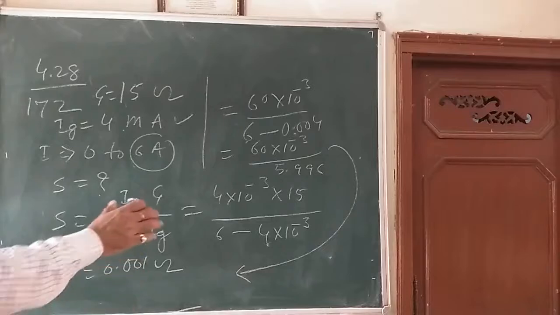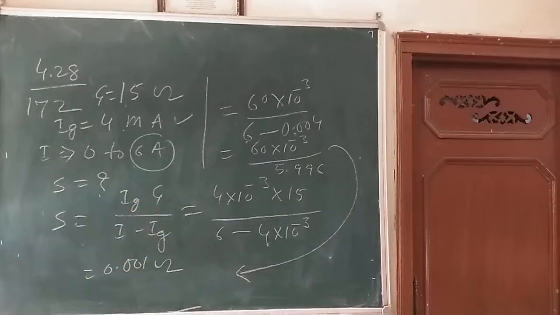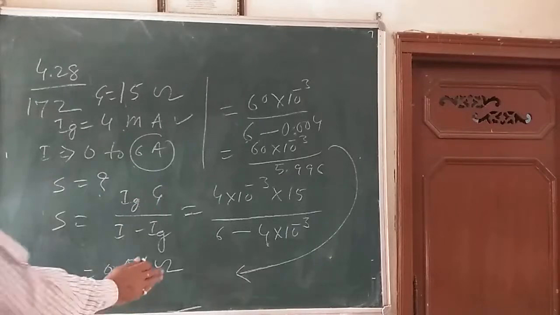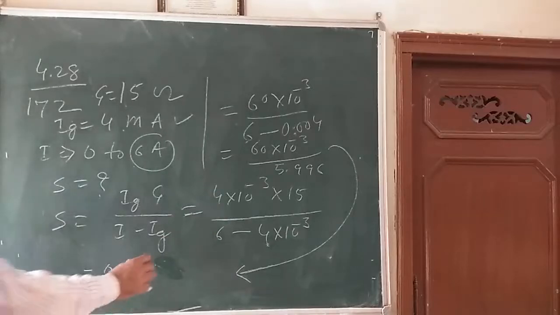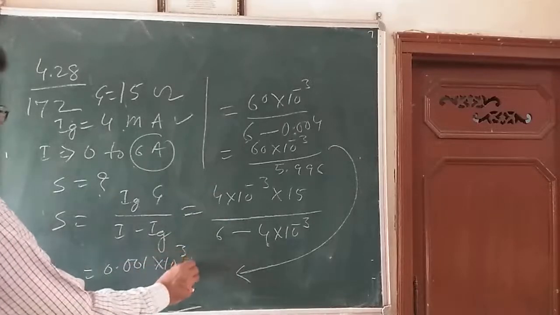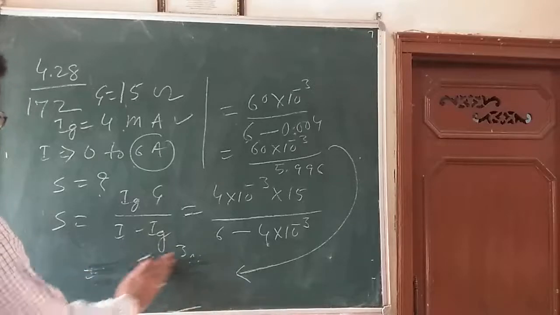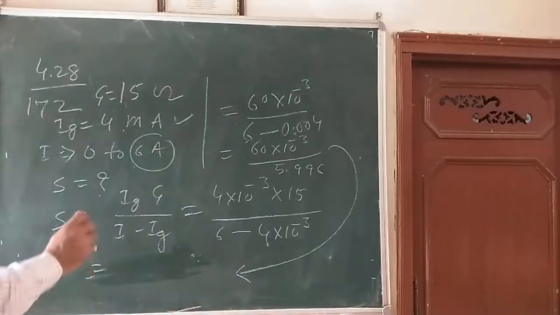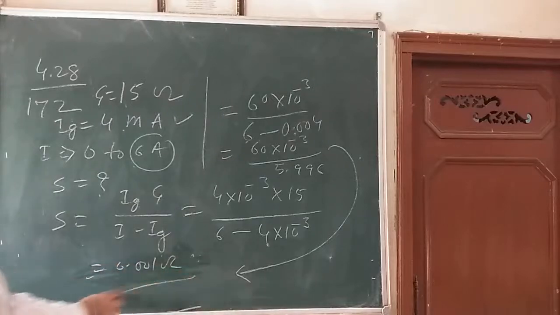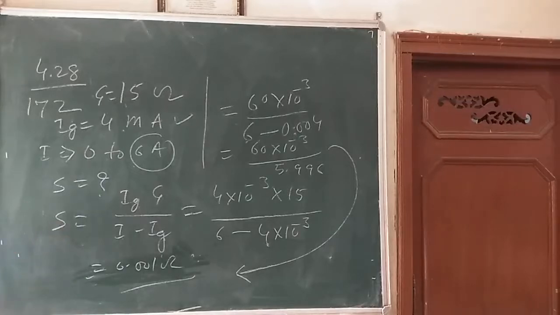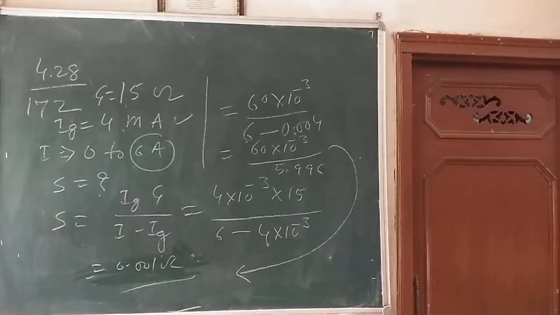So this is the value of shunt resistance. You can calculate here. 0.001 into 10 to the power 3, we can say milli-ohm, or directly just write it. This is the answer, 0.001 ohm here. Is it clear? So this is the way we can solve a lot of problems.